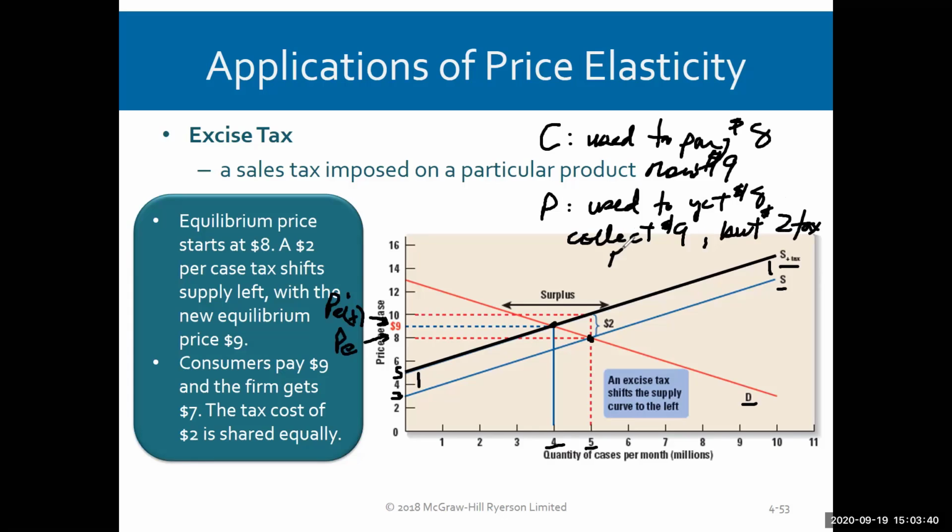So they keep $7. So they used to get 8 and keep it, and now they get 7 and keep it. So they also paid $1 of that tax. So in this case, the tax cost of $2 is shared equally between the producers and the consumers. Now we're going to go on to another slide and look at different elasticities of demand, and hopefully my writing will be a lot clearer.